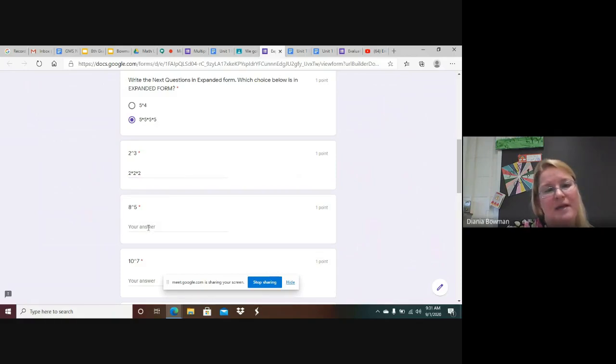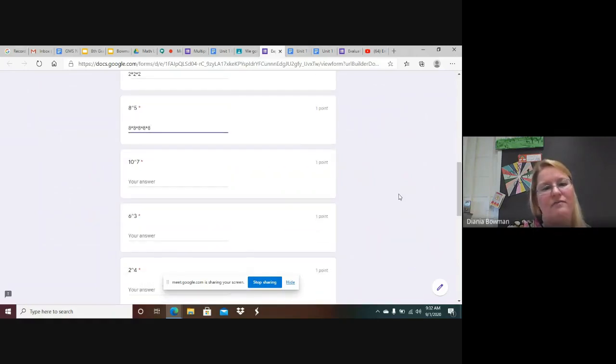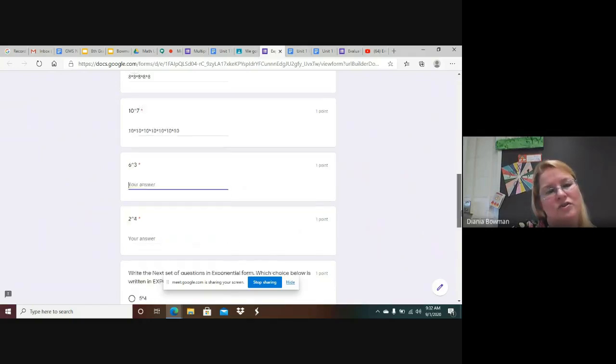That's going to allow it to show up as correct. 8 to the 5th means you multiply 8 times itself 5 times. 10 to the 7th means you multiply 10 by itself 7 times. One, two, three, four, five, six, seven. 6 to the third, you use the little star key.